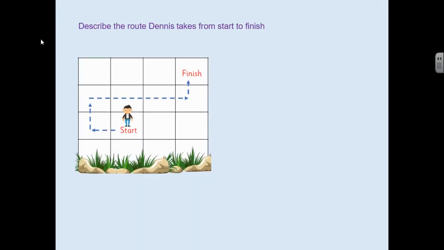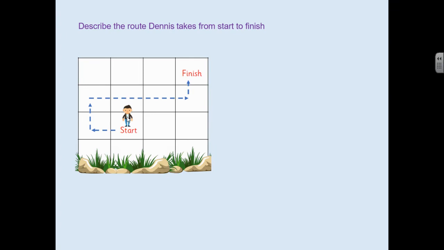Right, what we're going to do now is describe the route Dennis takes from start to finish. Now we've already been given a route with these dotted arrows here. And now we need to write the directions for Dennis. So at the moment he's facing us, but now he needs to make a turn.